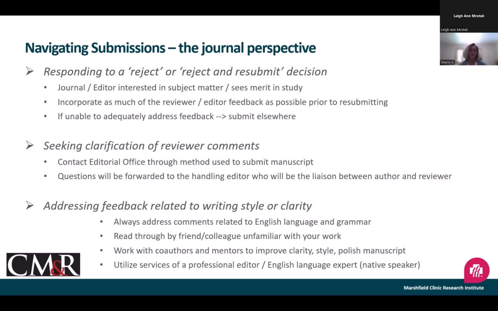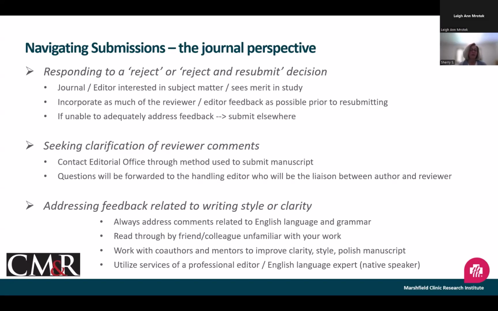Use all the services that have been brought up throughout the series to help you, professional editors, English language experts. Use friends and colleagues to read your paper. Of course, your mentors are a super source of help, so go to them as well.